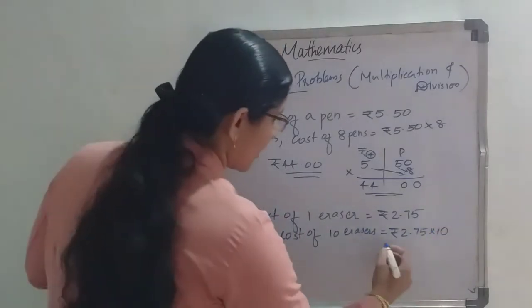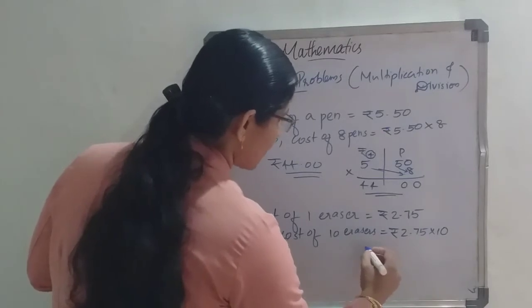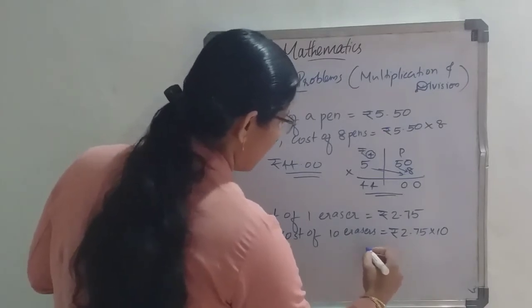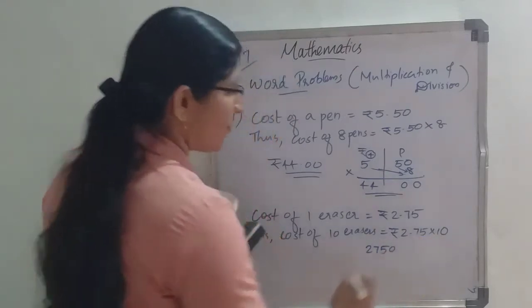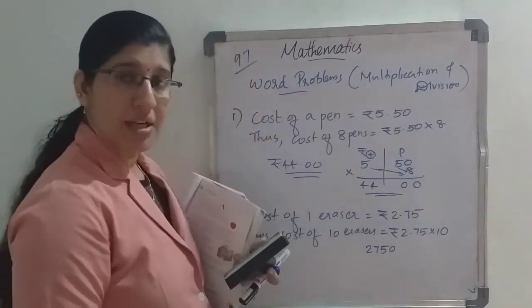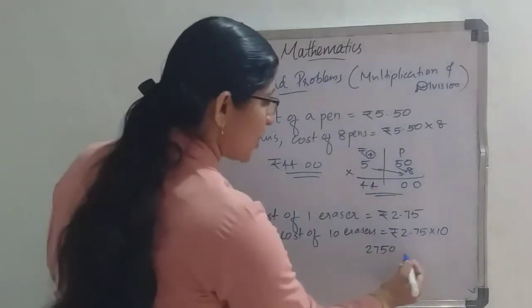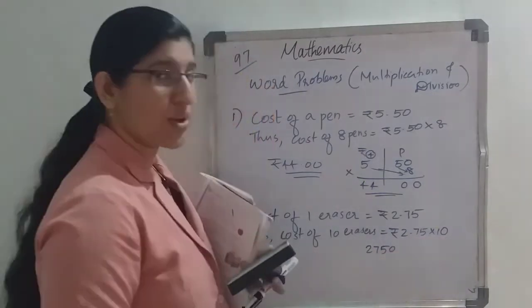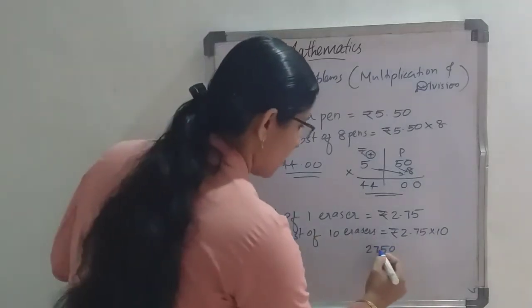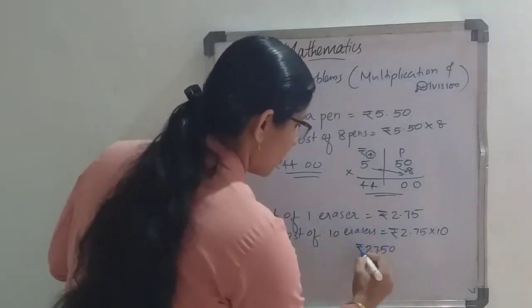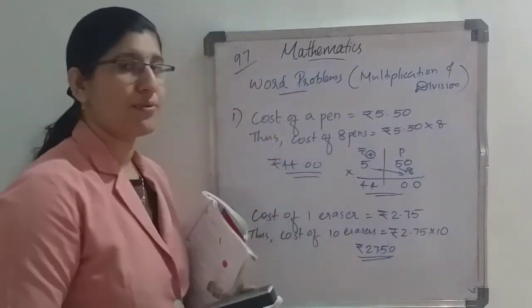So how can you multiply 2 rupees 75 paise into 10? We already studied how to multiply. You have to put one zero. Whenever we multiply any number by 10, you need to put one zero on the right side. Then I already told you how many digits there will be in paise, 2 digits only. So after 2 digits, you need to insert the dot. So the answer is 27 rupees 50 paise.